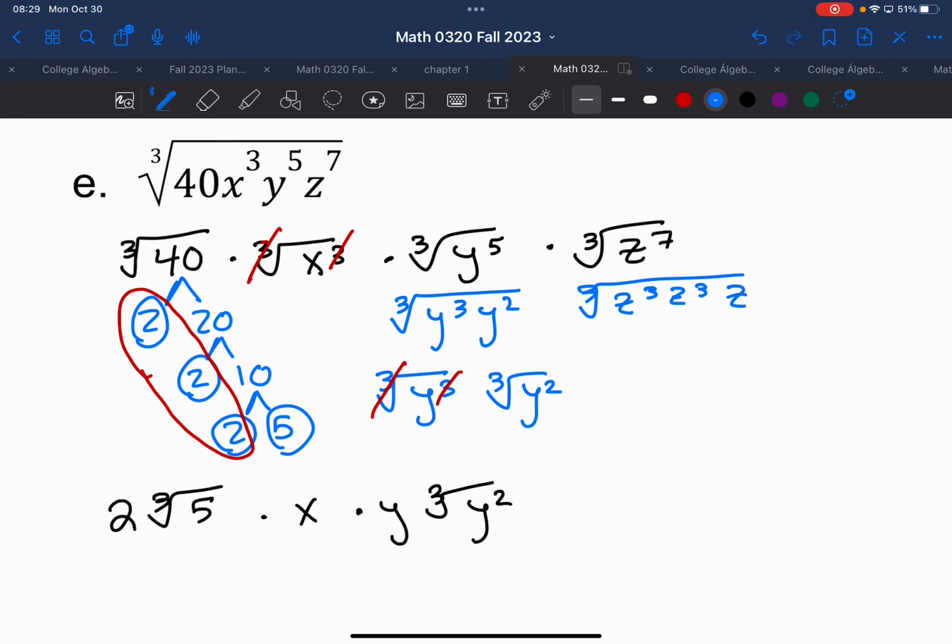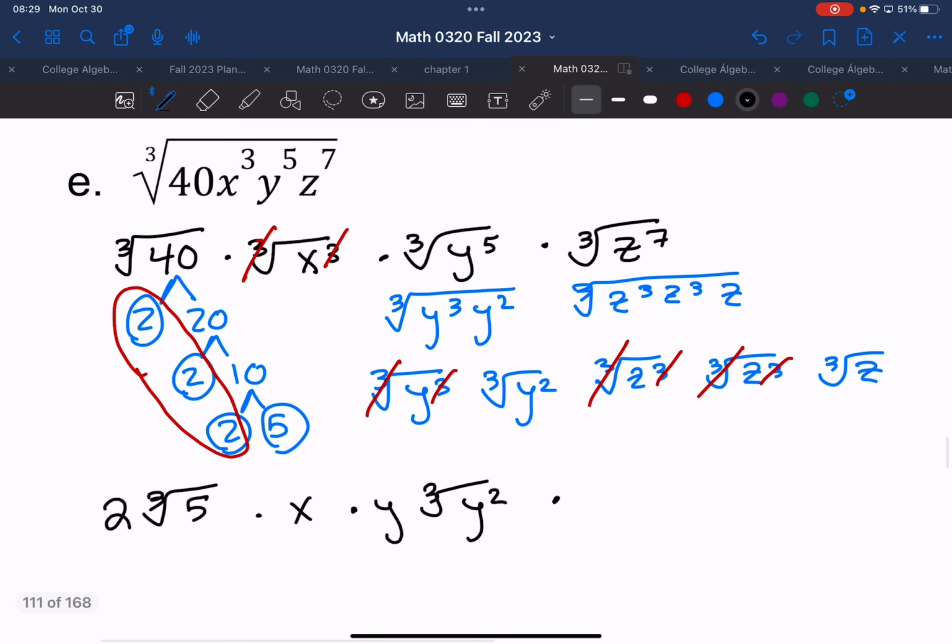Z. So that means if I was to separate this, this would be the cube root of z cubed, cube root of z cubed, and the cube root of z. Which ones are going to cancel? The first two, because they have the same root with the same exponent. So that means I have times z cube root of z.